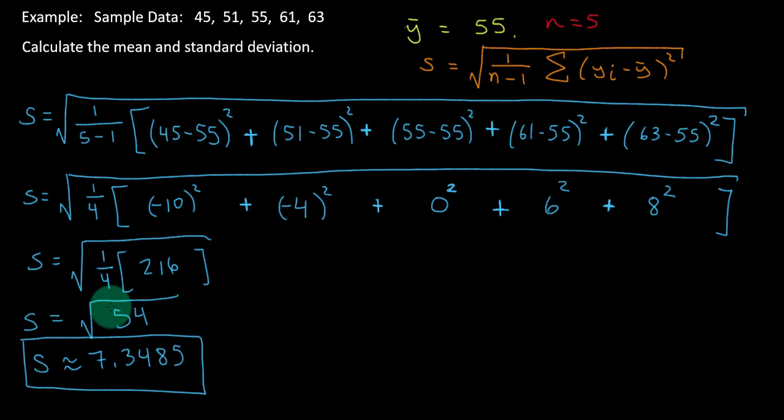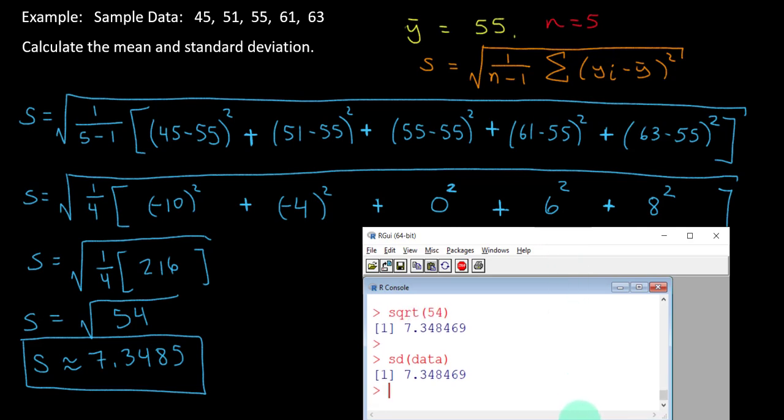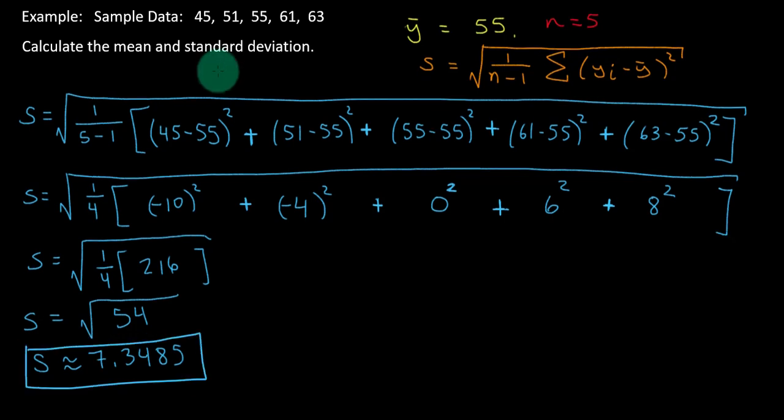Let's check our work using R to validate our solution here. The way we would do this is with the sd function, and I believe I called my vector data, not very creative, and we're looking for 7.34. Well, that's very satisfying.